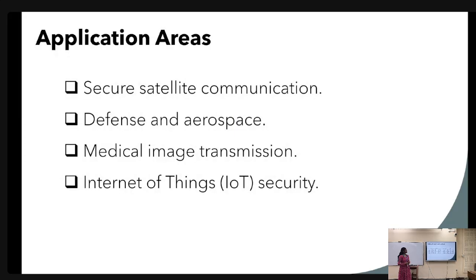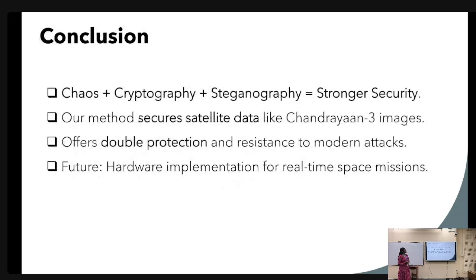This approach can be used in secure satellite communication, defense, aerospace, medical image transmission, and resource-constrained environments such as IoT. So this is the conclusion. We used chaos plus cryptography plus steganography to provide strong security, and our method secures satellite data like the images collected from Chandrayaan 3.